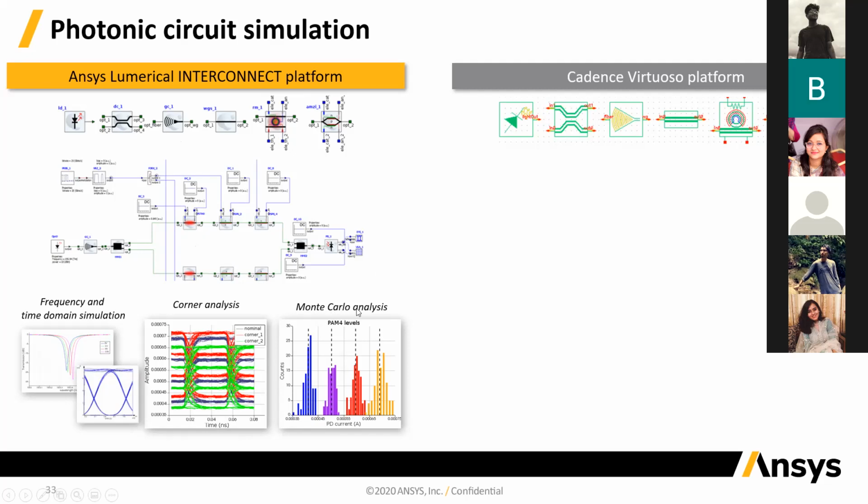With Monte Carlo analysis, you can run this simulation multiple times, and every time you can vary the behavior of these components slightly. That variation information can come from the foundry because they know their process and what the variations would be when you fabricate this. This particular circuit is a PAM4 device; I guess most of the circuit is absent because it got cropped. This example shows a PAM4 circuit where you transfer signal in 4 different levels.